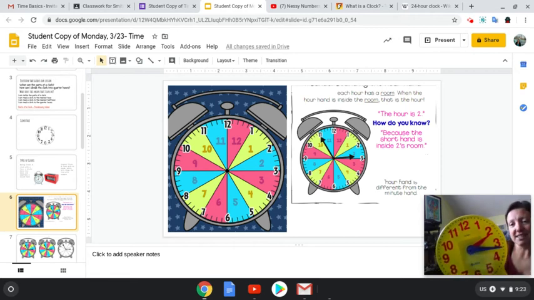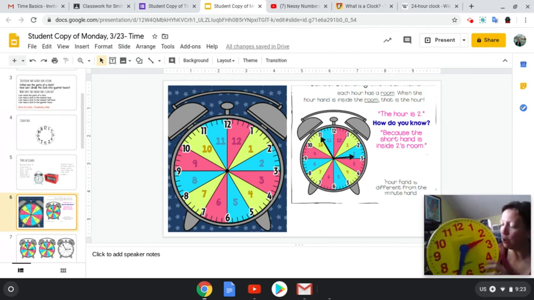You'll notice, and this is true with all analog clocks, that as the minute hand moves a little faster, the hour hand is slowly creeping towards the threes room, but it's doing it slower. You don't see it as much because it doesn't have to move 60 times.